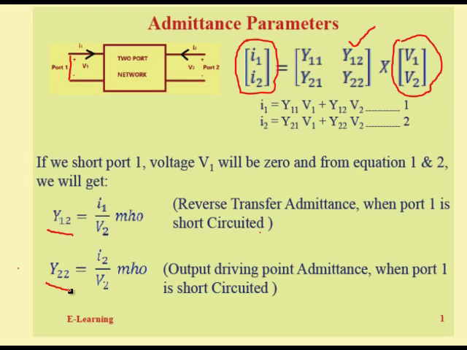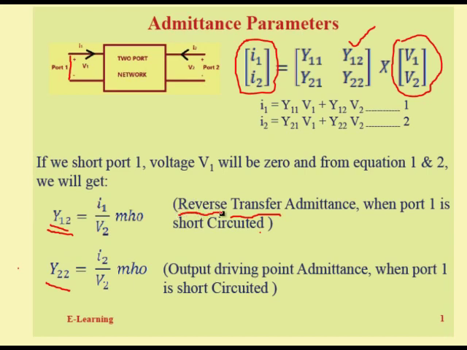Now we will discuss how we put these names. If two different ports are involved, we use the word transfer. When port 1 comes first, we will call it reverse.